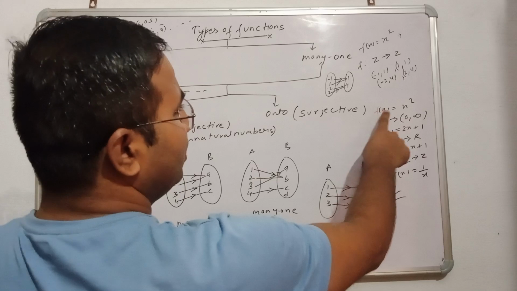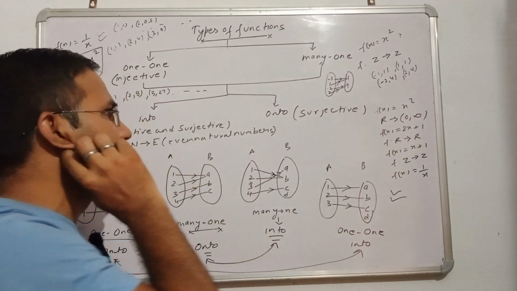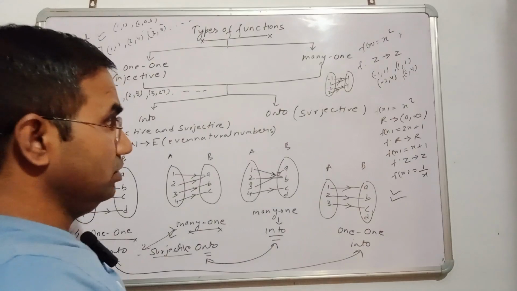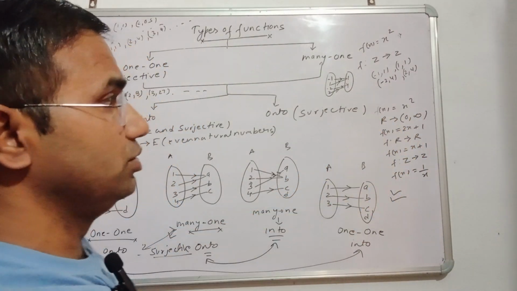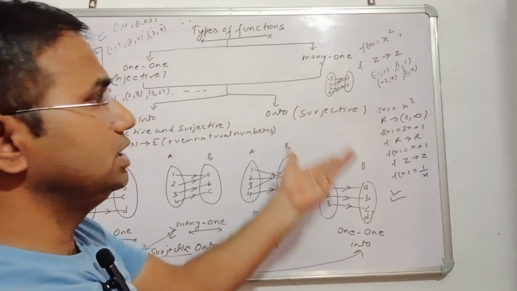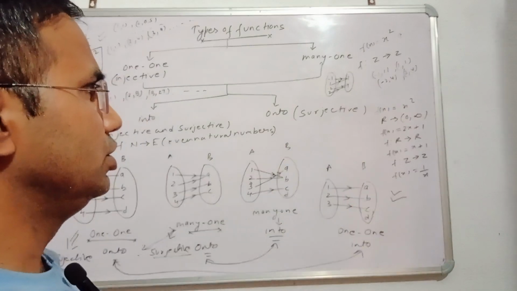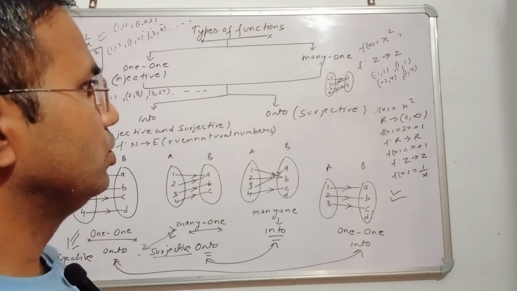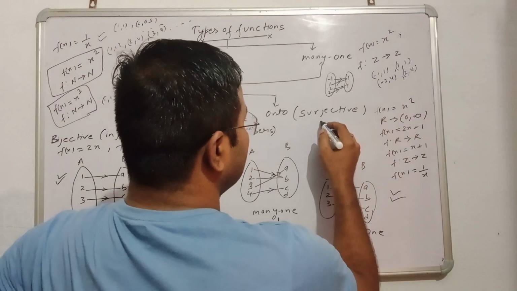See, f(x) = x square, and you have to take R 0 to infinity, means you will not take any negative value. At 0 you will get 0, at 1 you will get 1, at 2 you will get 4, right? So after that you will see some elements get left.